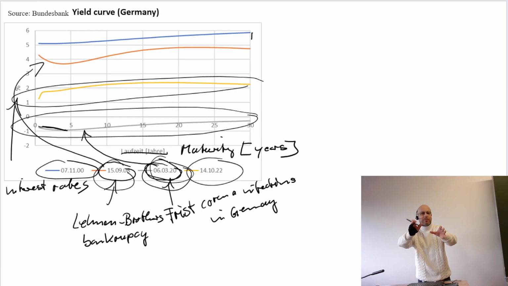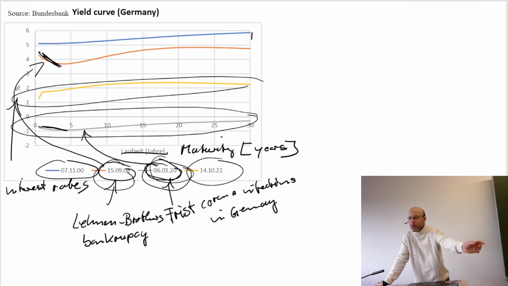So in general, there are maybe some problems in the financial markets, but nothing will feed through to the real economy. But what you see here is a strongly inverted yield curve from 1 year to 5 years, almost 100 basis points.